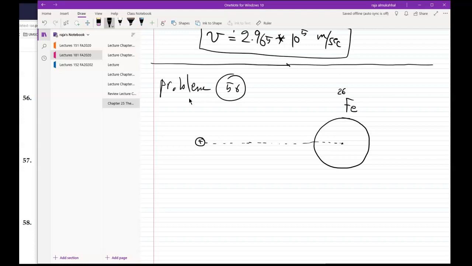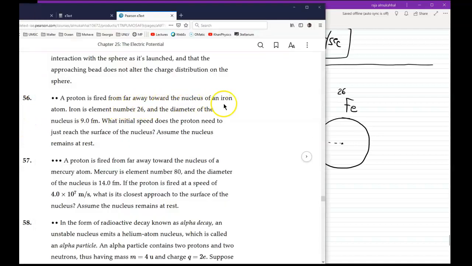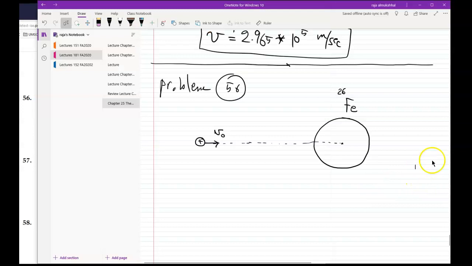Here is the proton from far away. Let me read it again. The proton is fired from far toward the nucleus of the iron. What initial speed does the proton need to reach the surface of the nucleus? So we want it to just reach the surface and rebound. It's very similar to the glass problem. Maybe I should have done it. It's a very easy problem, really.